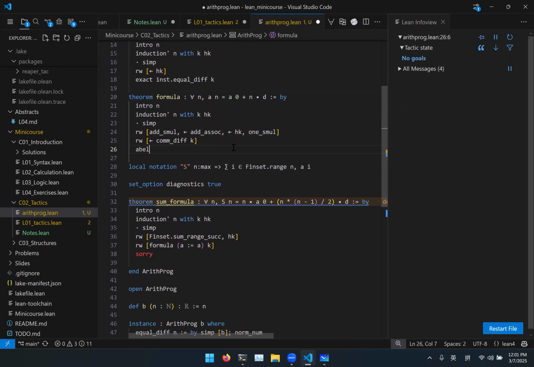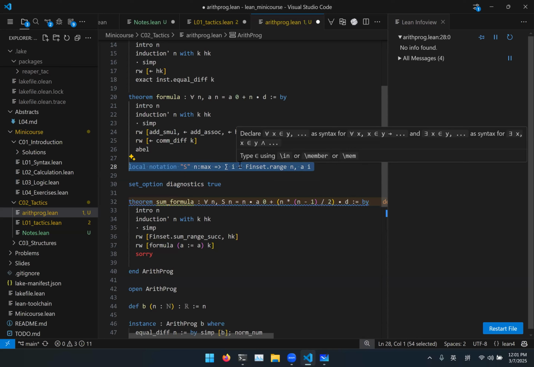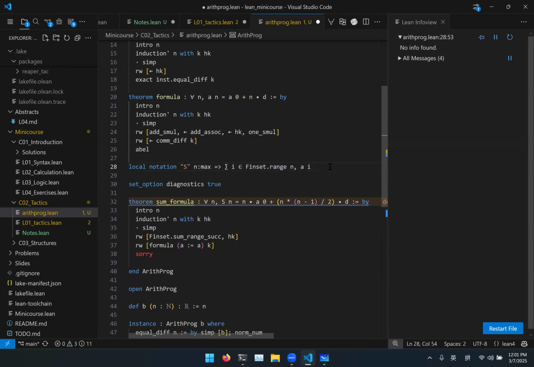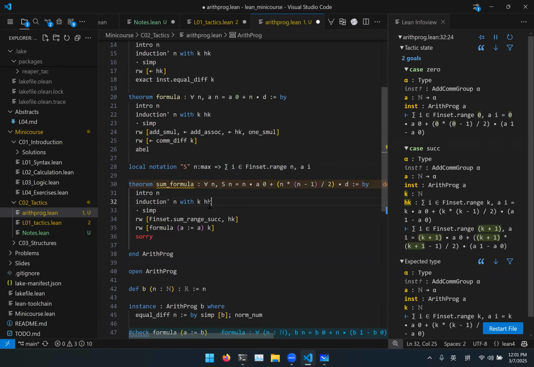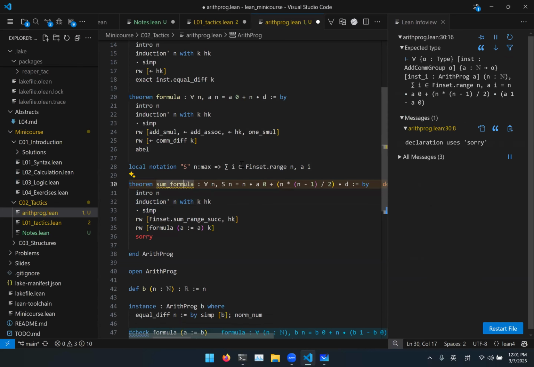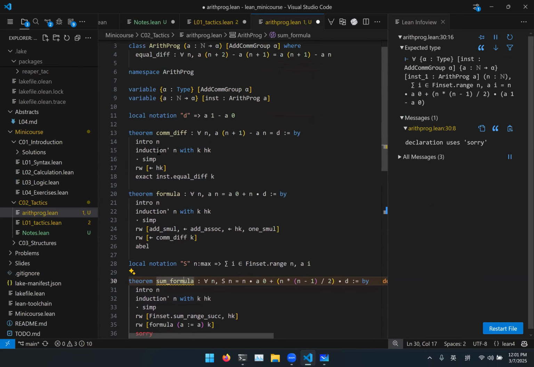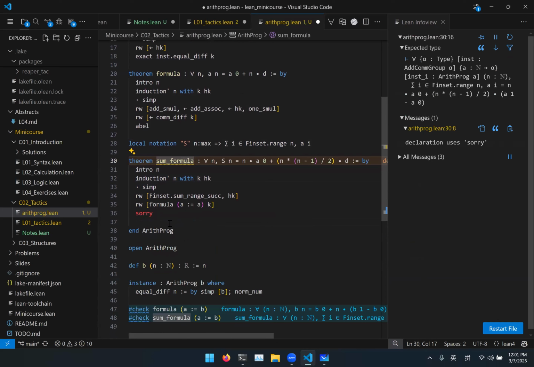And in addition to this, we can also use local notations to show the summation of this series. Oh, I will delete this line. And of course, we can use mathematical induction to prove the sum formula for our arithmetic progression.